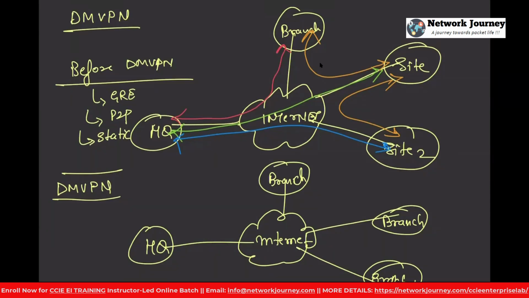But what is going to change in DMVPN? First of all, instead of GRE, the new protocol comes, which is known as multi-point GRE. So now instead of point-to-point tunnels, you will have multi-point tunnels.